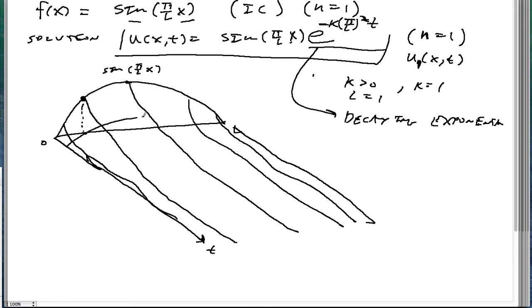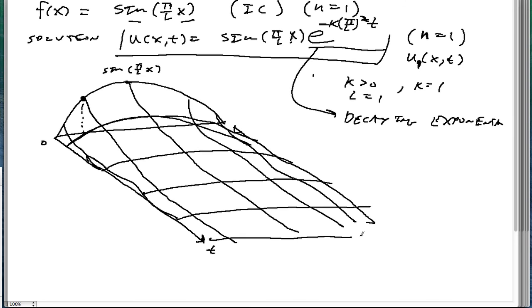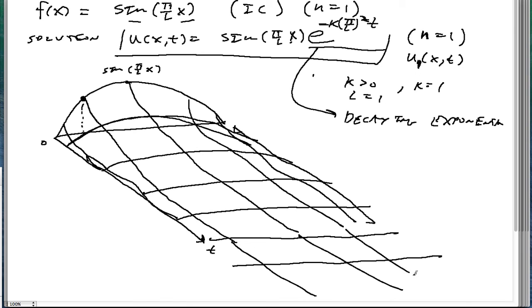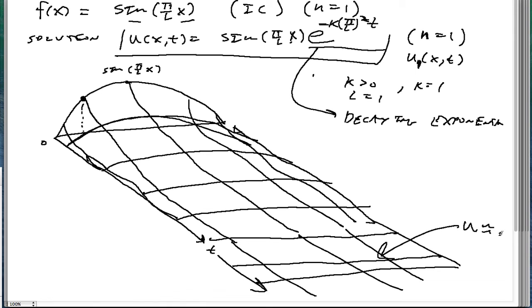So it looks like our hump, this sort of hump shape, is just going to get smaller and smaller and smaller. It's going to get lower and lower amplitude till effectively, as we go forward in time, U is basically 0 everywhere.